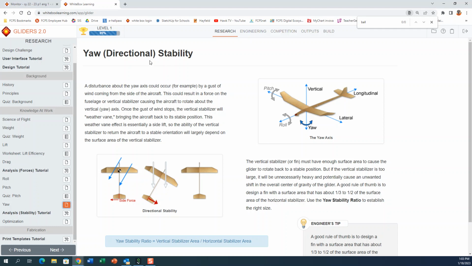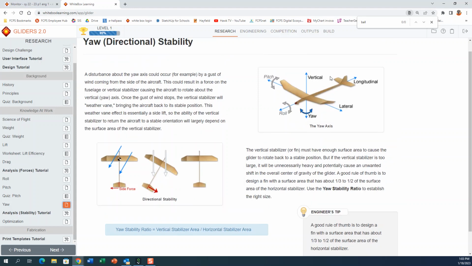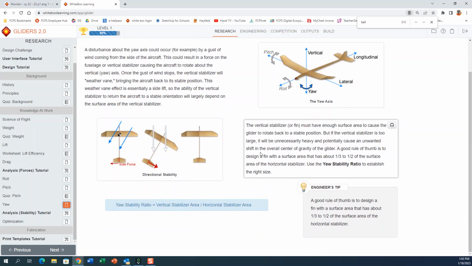And planes, there is a relationship between these two stabilizers in the back. Remember, we call this the horizontal stabilizer and vertical stabilizer. There is a relationship. Here's a good, remember these engineering tips, very helpful. This is a good rule of thumb. When you're designing that vertical stabilizer, it should be about 1/3 to 1/2 the size of the horizontal stabilizer.